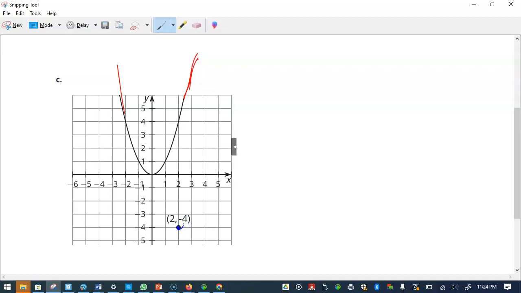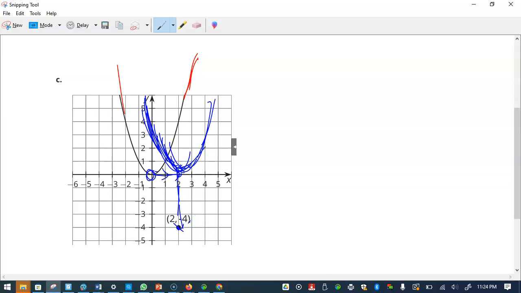Okay. So one way would be, okay, that's the point, right? So can we move it 2 places to the right? And then that means this graph will go something like this. So first you move 2 units to the right, and after that, can you go 4 places down?